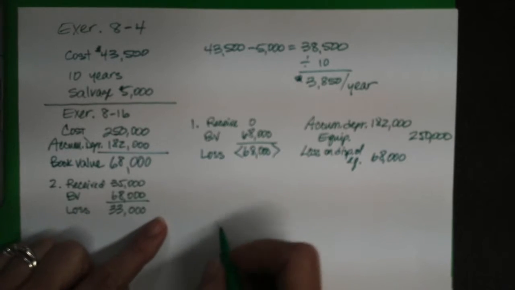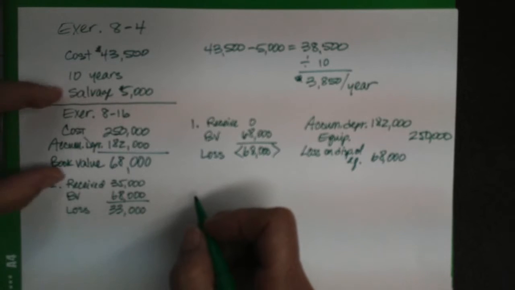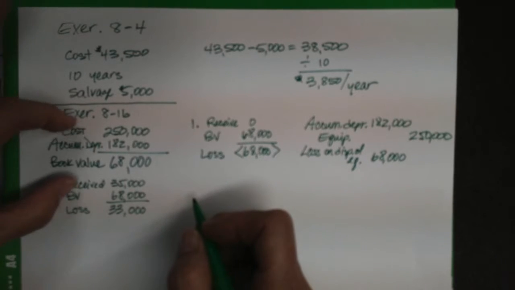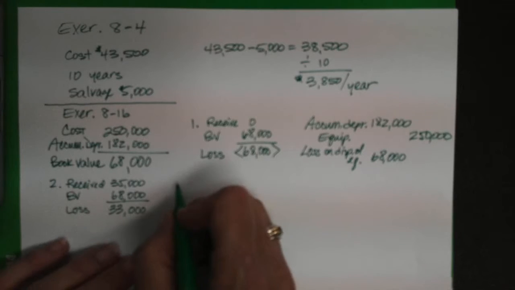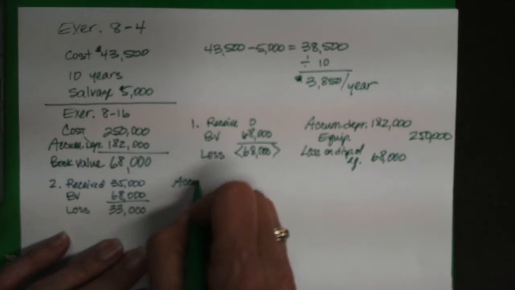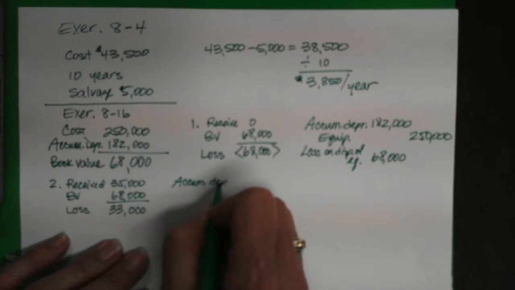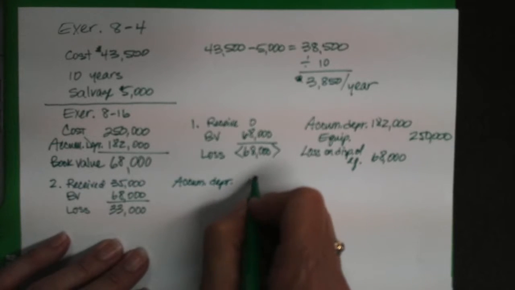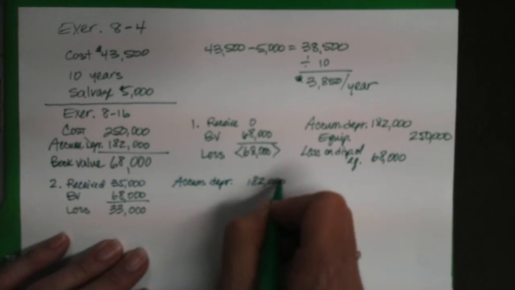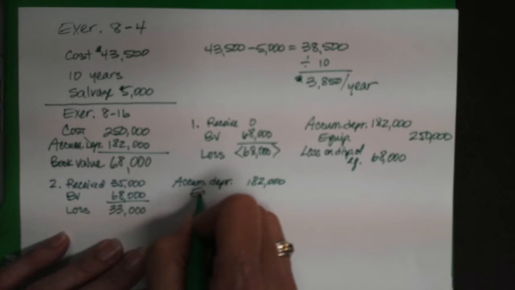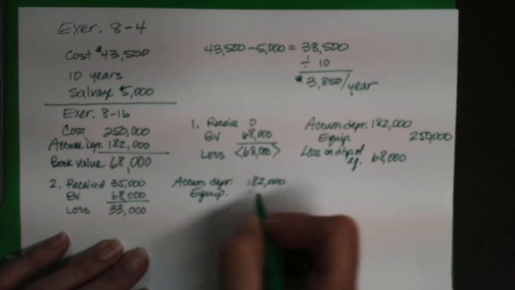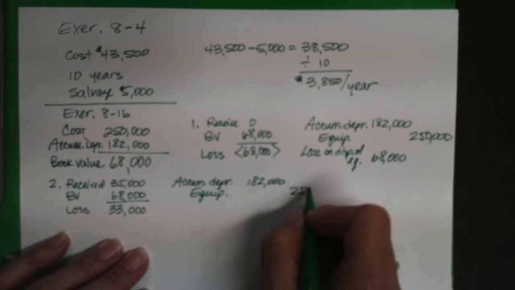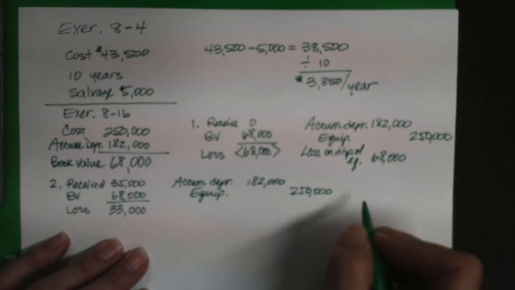So my entry is going to be, go back up to here to our core information about this problem. Debit accumulated depreciation. To get it off our books at $182,000, credit the equipment account to get it off our books for $250,000.